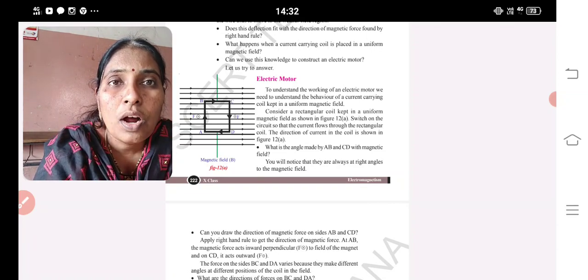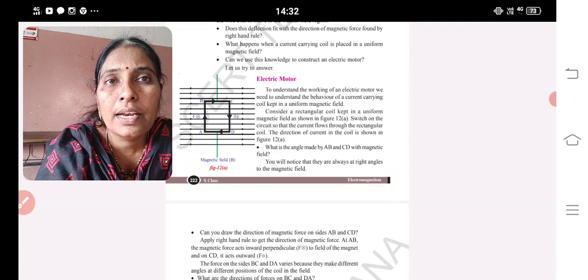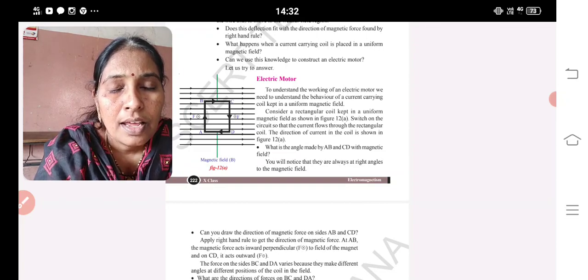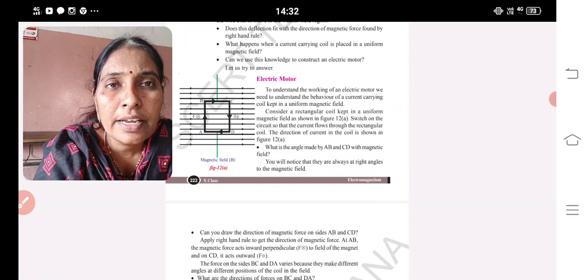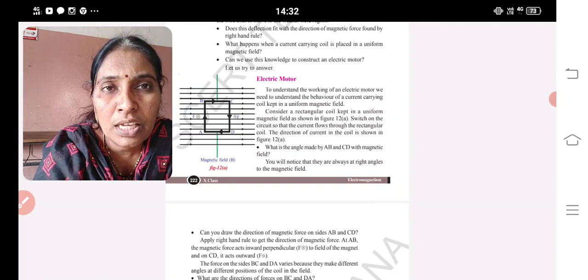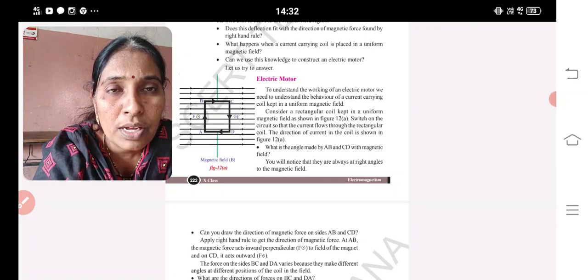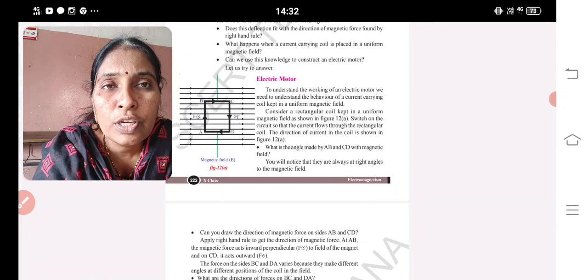Lenz described that the induced current direction is always opposite to the change in magnetic flux. If the magnetic flux is moving inwards, the induced current is produced in an outward direction.